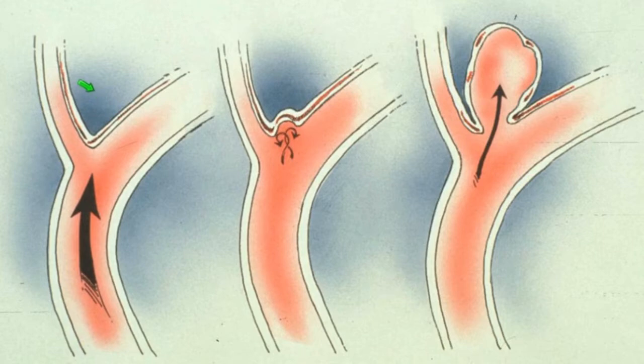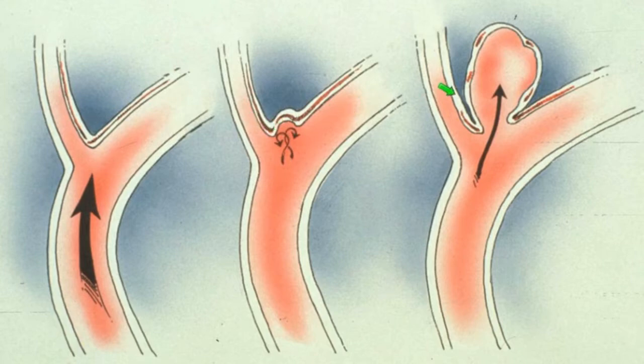And some of us, for various reasons, if this area is weaker than it should be because of genetics, or it's been injured by cigarette smoking, or maybe it's thinner than it should be because we're women, this area can bulge out, like you see in the next picture. And as soon as it does that, it's an aneurysm by definition.